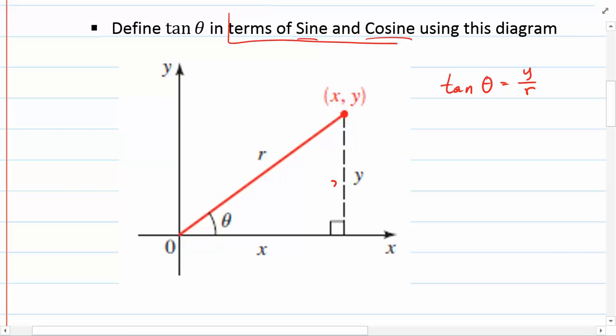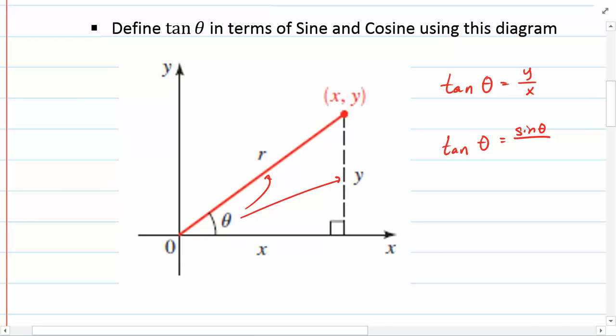We want tangent in terms of sine and cosine. Since we know that y by itself is equal to sine of theta, because that would be opposite over hypotenuse, we can say that tangent of theta is equal to sine of theta. Oops, that's not right. Tangent of theta is not y over r, it's y over x.